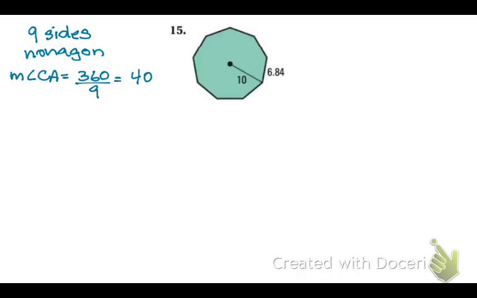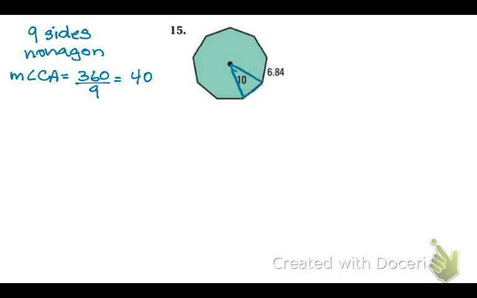So if we draw some radii from the center to the vertices, there's my vertices going to consecutive lines.